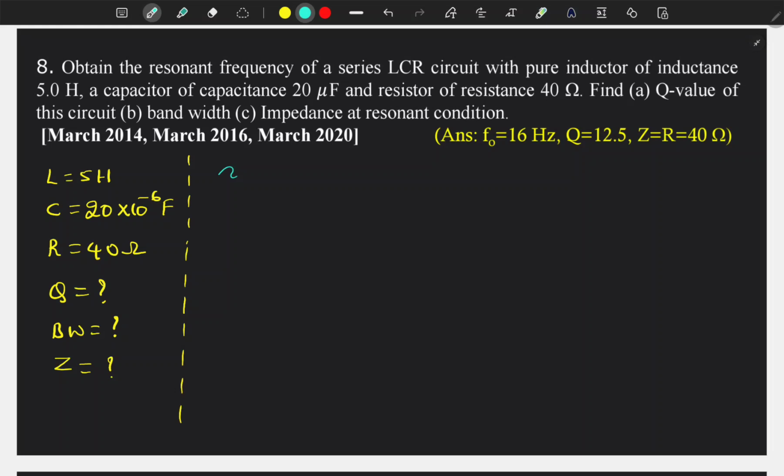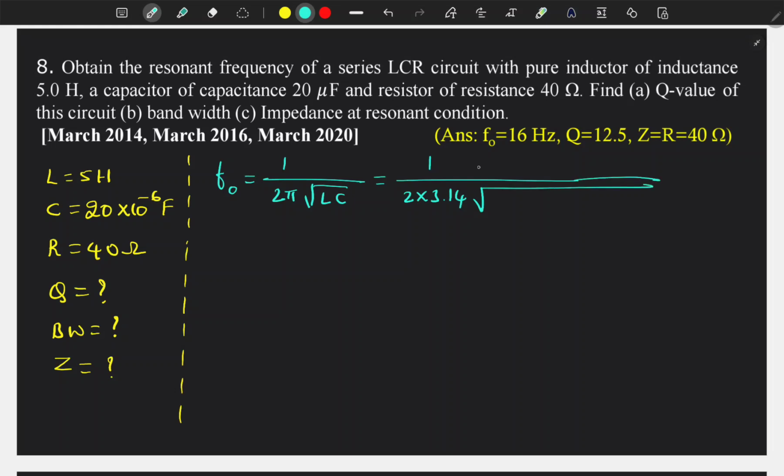So here first is resonant frequency. Let us find that. That is given by 1 divided by 2 pi square root of LC, that is equal to 1 divided by 2 into 3.14 into square root of L is given, that is 5, into C is 20 into 10 to the power minus 6.